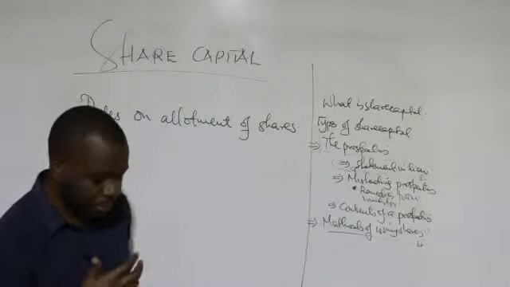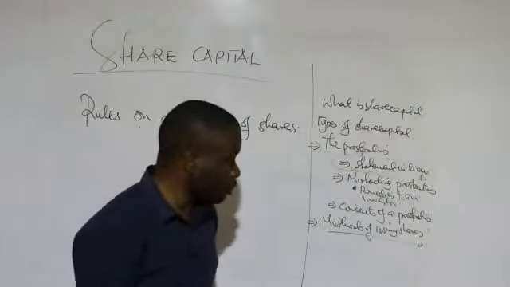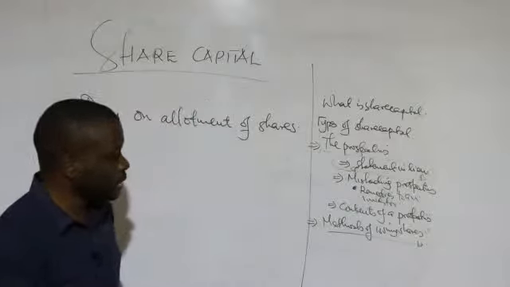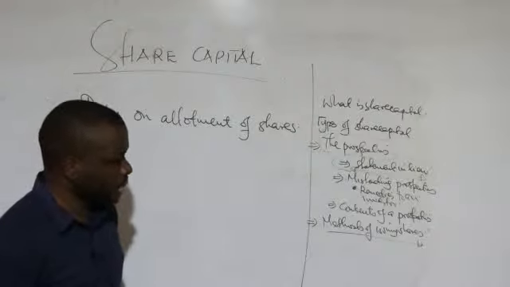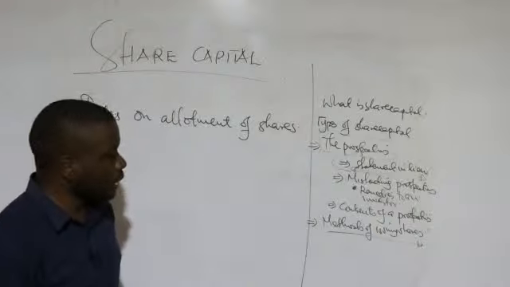Then if the company intends to invest in a special project, a report by an expert on which project the company wants to invest in, and whether it is viable or not.